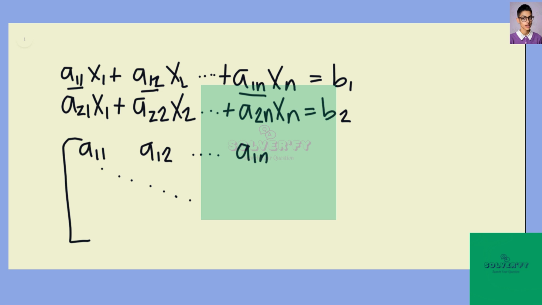And depending on how many you have here, this can be ann. Okay. And then next to that, okay, so this is our n by n matrix.